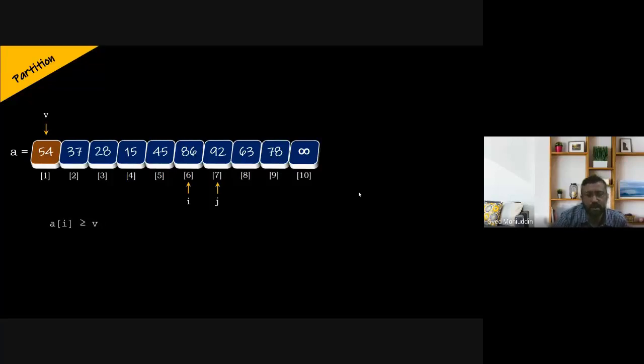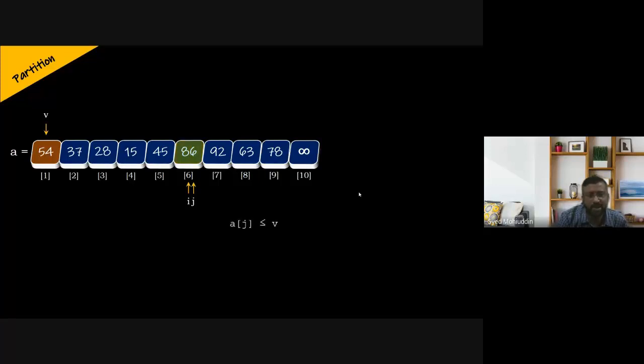Again we check, the element 86 now at index i. Is it greater than 54? Yes, so we stop. We don't move i towards right. Now comes j. j is moved towards left. Element at j, 86.